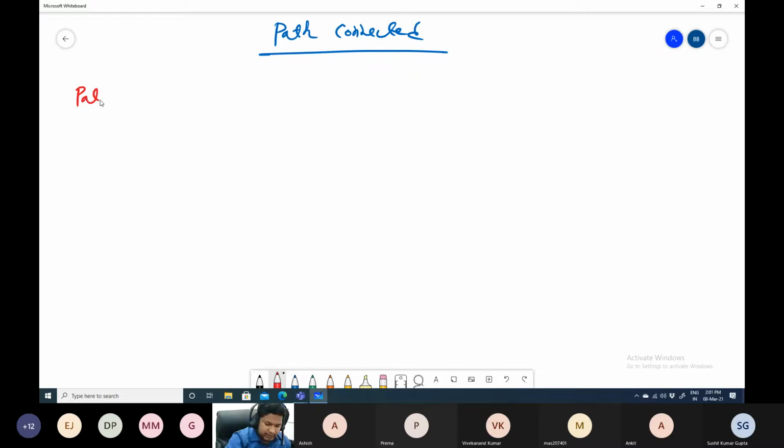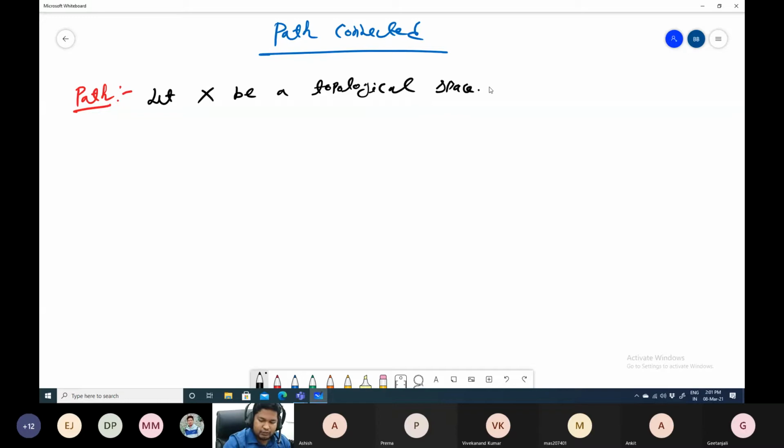Okay. So what is the definition of path connected? First we define a path. So what is a path? Let X be a topological space. Okay. And take two points, say x and y in the topological space X. Okay.